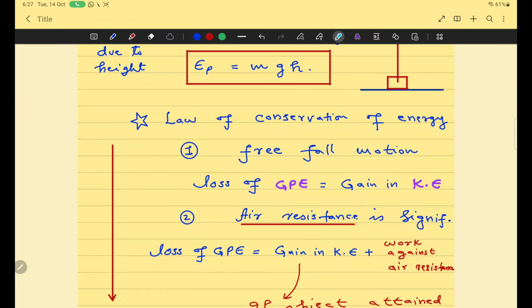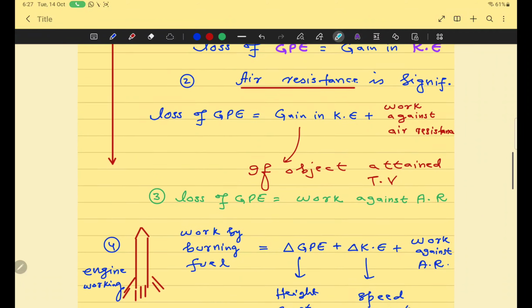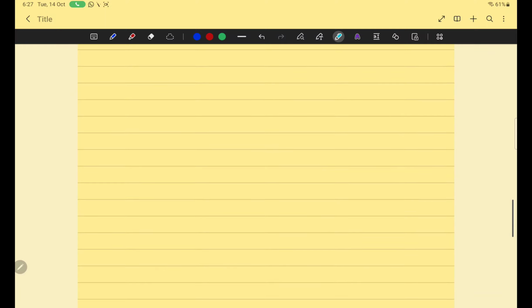And I am checking you, are you in class or sleeping? Simra beta, I am asking you, if there is no air resistance, then what is the conversion of energies?